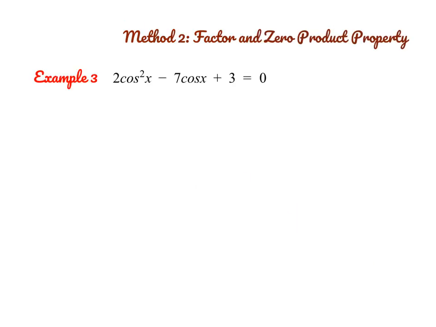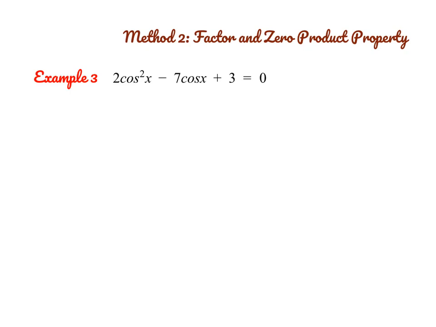Okay, so now we're going to move on to a different strategy or a different method for solving. So sometimes you won't actually be able to isolate your function completely. So another really common thing we do with these types of problems is we factor them. And many of these actually look like a quadratic equation.